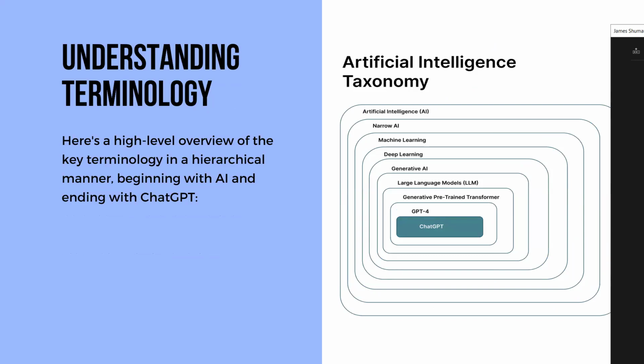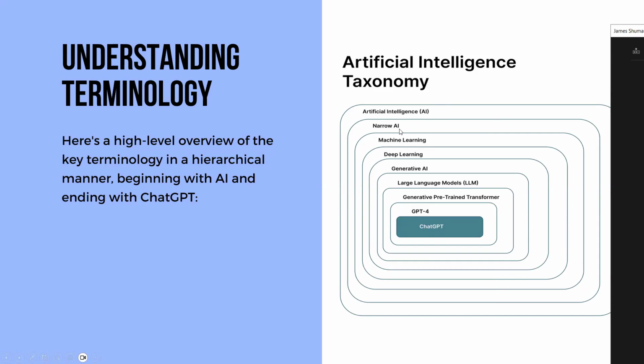Let's take a look here. I tried to set everything up so we have a hierarchical view of artificial intelligence, and then scale it all the way down to something very specific that we use, ChatGPT.